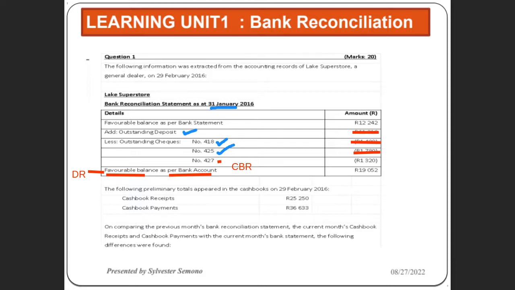Because 2 of them were appearing and 1 of them was cancelled. So we don't have any checks from the previous month. But let's say, for example, we did not tick them like this. It means they will still be outstanding. I was supposed to write them again in my current month. So now I just have to check the outstanding checks only for this month.